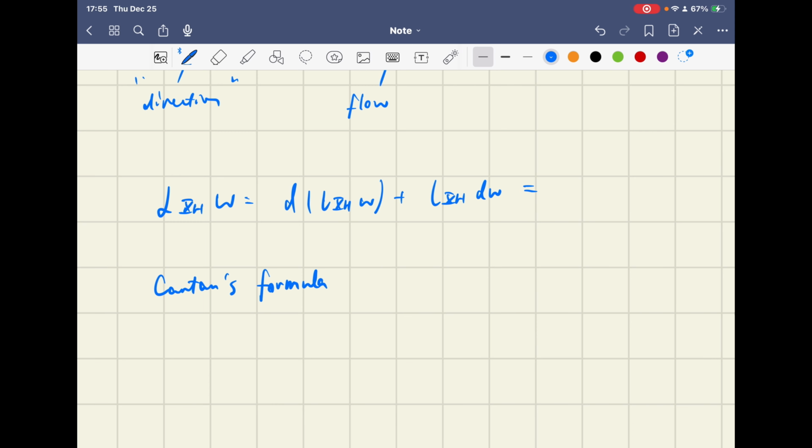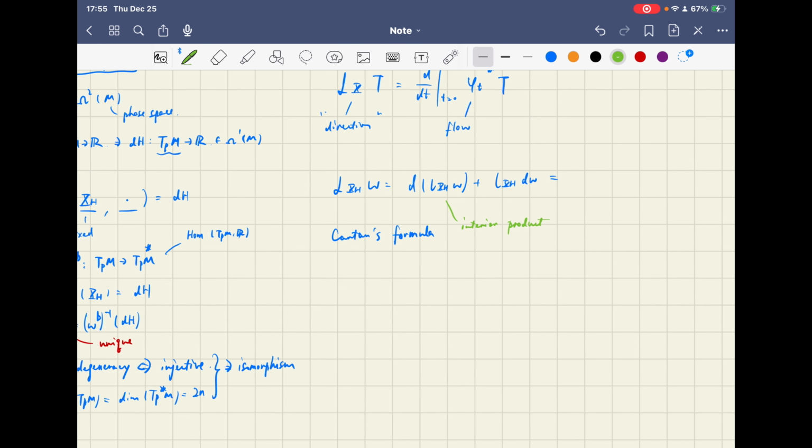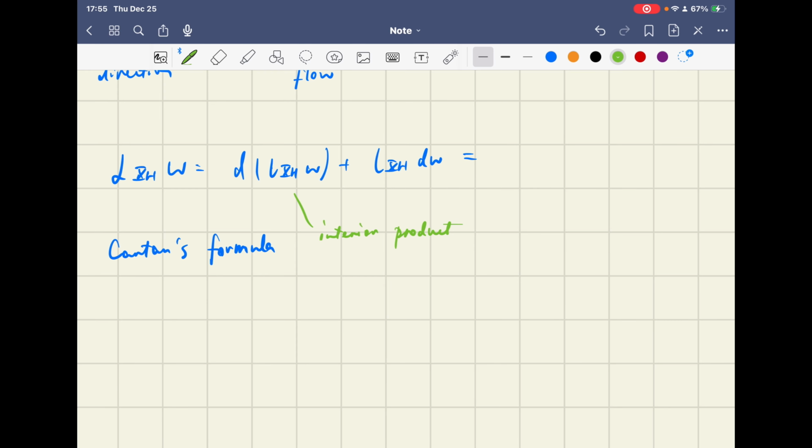The symbol that looks like an iota is the notation for the interior product. It's essentially what we just talked about regarding omega flat. With this notation, applying the interior product between X_H and omega simply means fixing the first parameter of omega to be X_H.